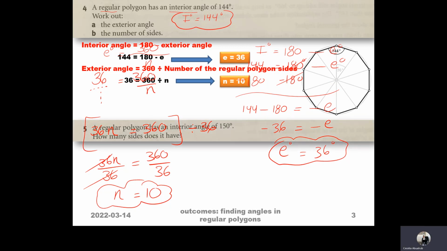All right. Let's have a look here. Okay, let's erase this part here.